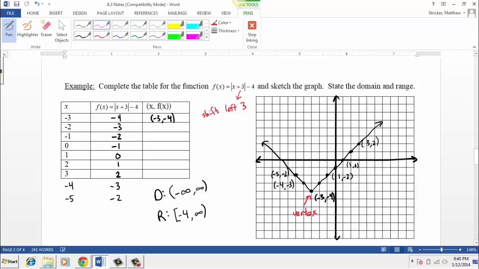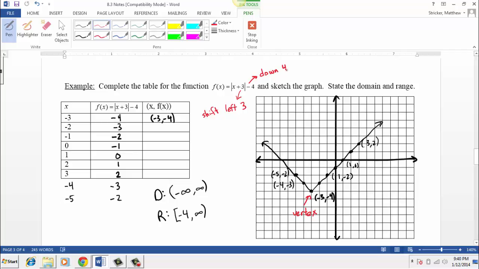You always have to kind of think about it in the opposite. So if that's positive 3, normally think of positive as going to the right. Well, it turns out that positive, we're going to go to the left here. And then the part that's outside the absolute value, this minus 4, that gives us a shift down by 4.